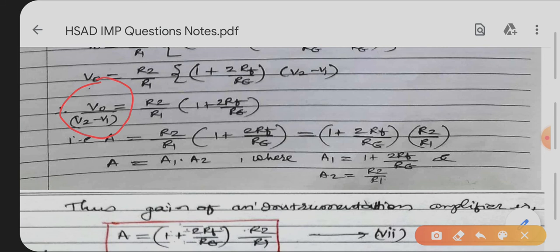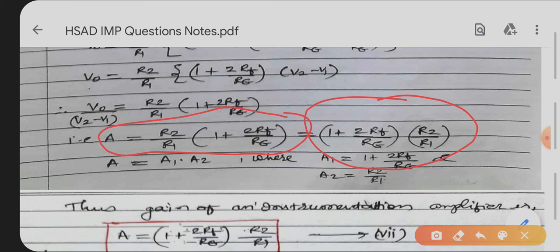Input is the difference between two input signals, V2 minus V1. So it is equal to R2 by R1 into 1 plus 2 RF by Rg. This is the final equation for gain of instrumentation amplifier, A is equal to 1 plus 2 RF by Rg.